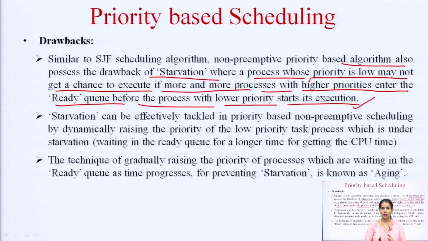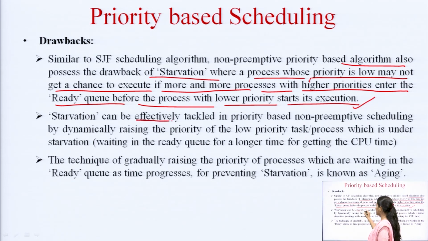So, in this way the low priority task will not be able to get any chance to get executed, because more and more processes having the higher priorities will keep on entering the queue. So, this is the scenario of starvation.